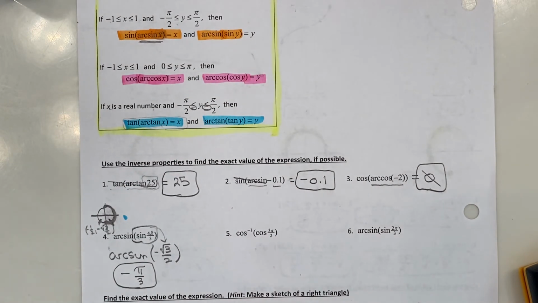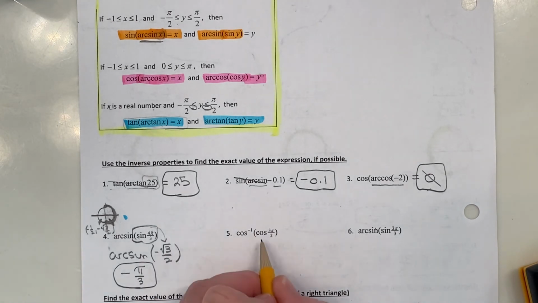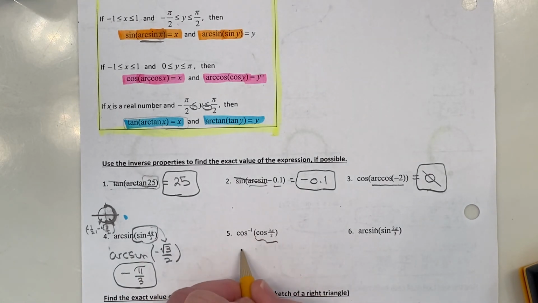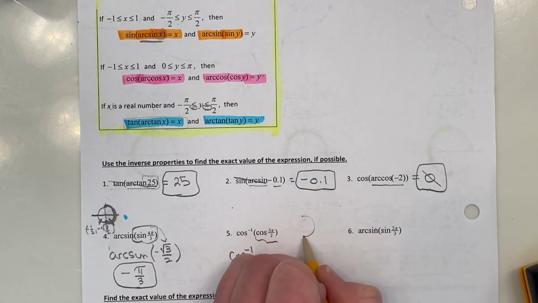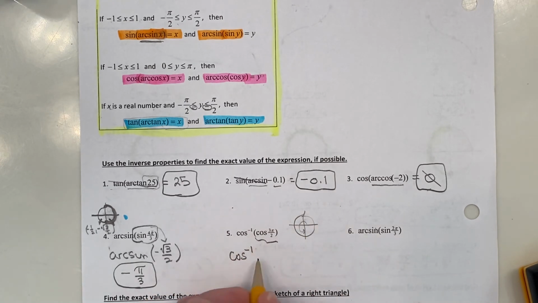Well, I don't know if we can say another name for 3 pi over 2 because that's -pi over 2. Let's work this one out slowly. So let's figure out what this answer is on the inside. Keep the arc cosine. Okay, cosine of 3 pi over 2. Well, 3 pi over 2 is down here. The x-coordinate is 0. So cosine of 3 pi over 2 is 0.